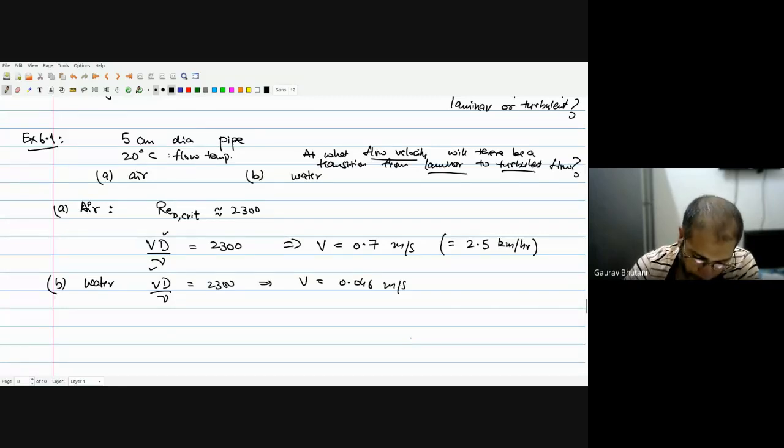Okay, so what we conclude from this is that most of the engineering flows, and this was a typical example, I mean, you may have a much smaller diameter of a pipe, but this is what typically is being used in the industry. So most of the engineering problems that we'll work with will have turbulent flow.